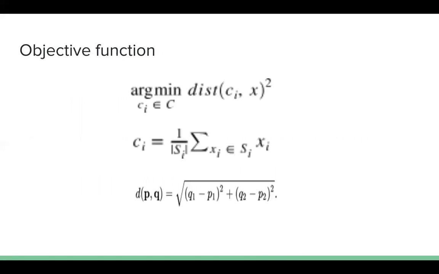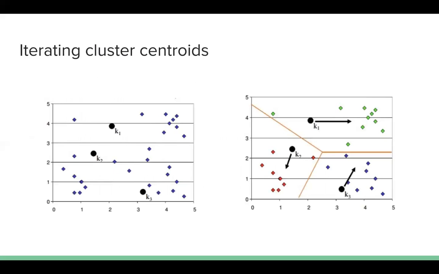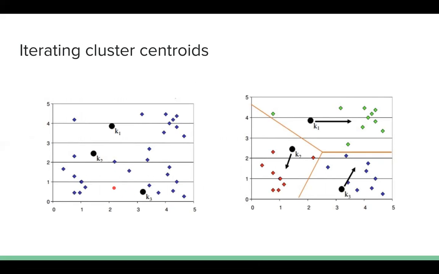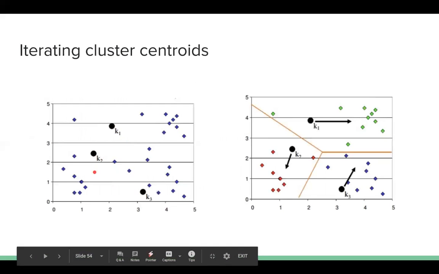We'll just see a simple working example here. Let's say I have some random points here. I have decided that I want a k value equal to 3. Then I'll randomly pick 3 points, k1, k2, k3, and assign them as centroids.